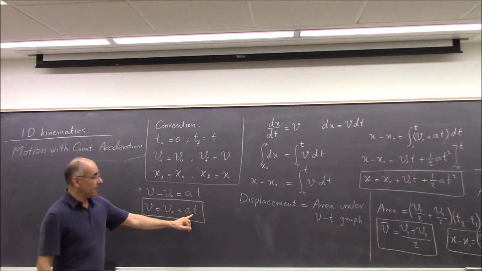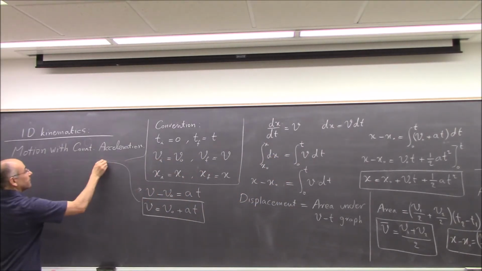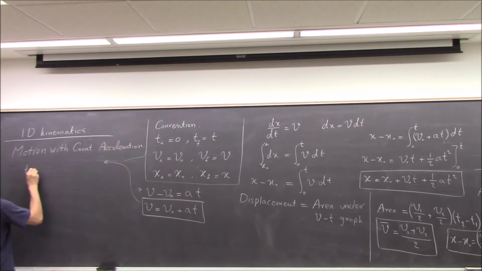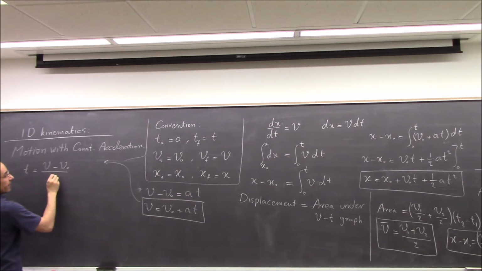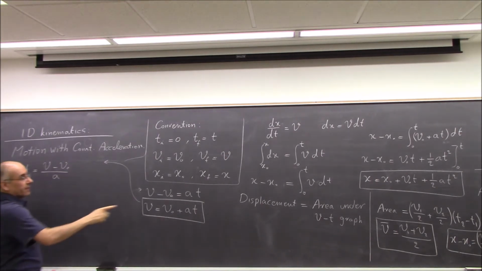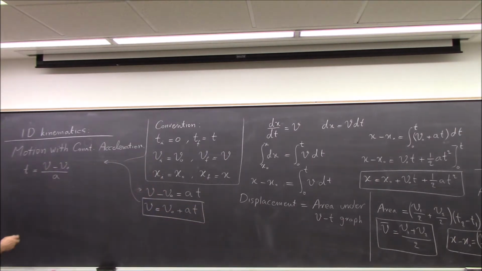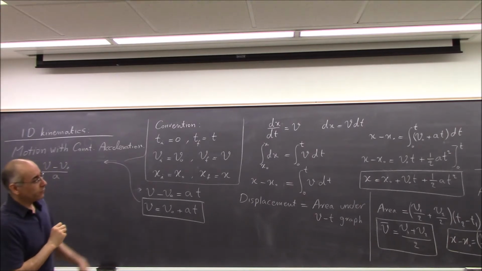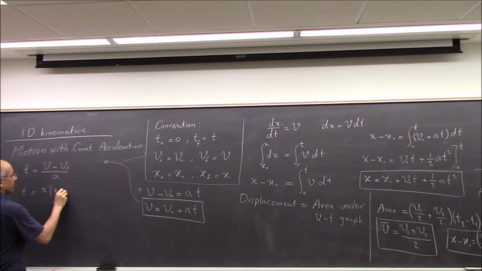We want to eliminate time between these two. This equation gives you t equal to v minus v naught divided by a. The other equation gives you t equal to 2 times x minus x naught over v plus v naught.